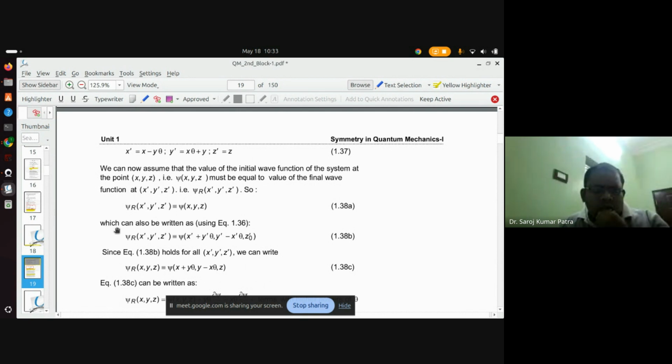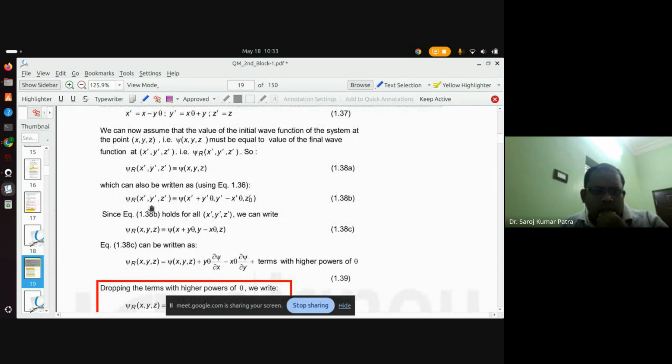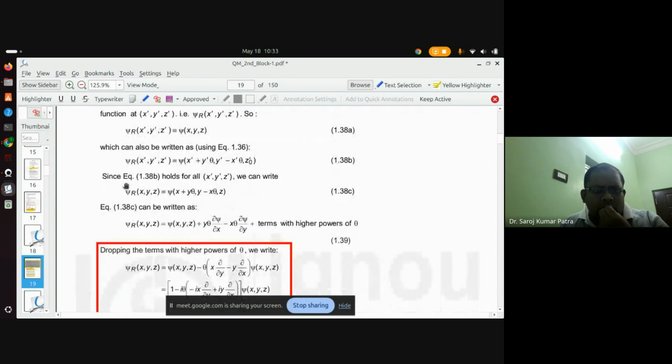So this means psi r of x prime, y prime, z prime must be equal to psi of x prime plus y prime theta, y prime minus x prime theta, z prime. So equation 1.38b holds for all x prime, y prime, z prime. That's why we can get rid of this dummy prime and write psi r of x, y, z equal to psi of x plus y theta, y minus x theta, and z.